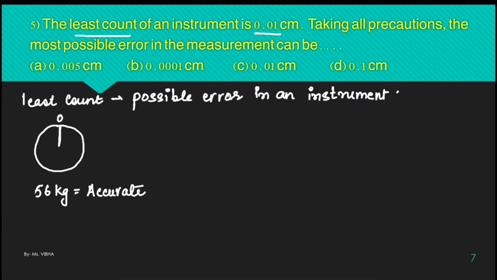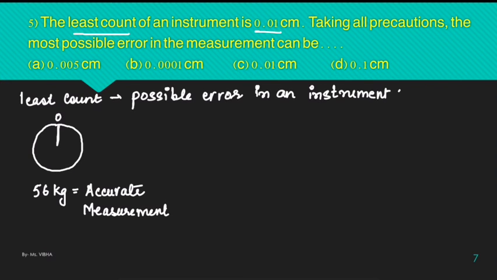so this is the accurate measurement. But let's suppose we have another machine but the needle of the weighing machine is not exactly at the 0 without the weight. This is 0 but it is somewhat little ahead of 0. That means there is some kind of error in the machine, and that error is nothing but the least count.